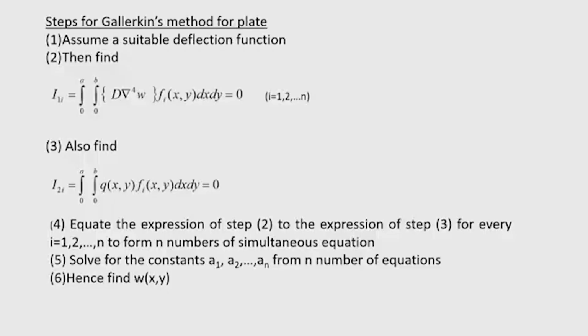Then find D, the flexural rigidity of the plate, into del 4 w. Del 4 is the biharmonic differential operator, and w is the assumed deflection function multiplied by f i x y. So, f i is one of the functions used to represent the deflected surface in the series. So, i here varies from 1, 2, 3, etcetera up to n.